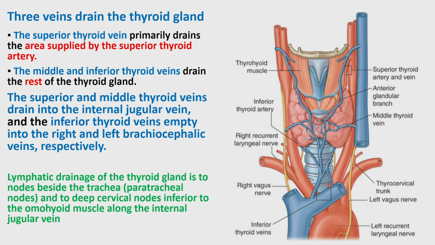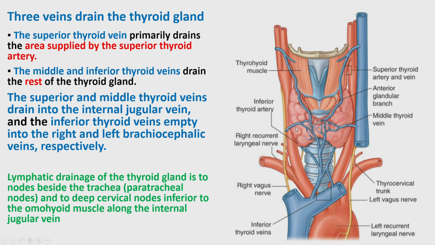The only vein copying the course of an artery is the superior thyroid vein. Superior thyroid vein and superior thyroid artery follow approximately the same way, and the superior thyroid vein drains directly to the internal jugular vein.